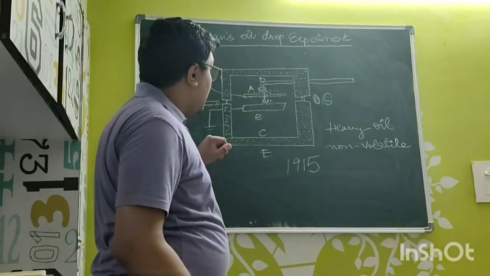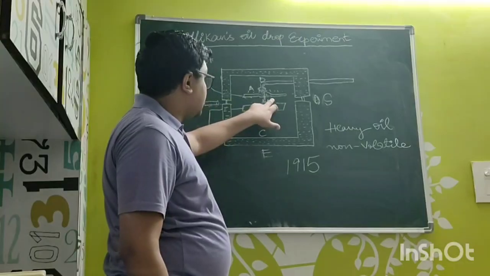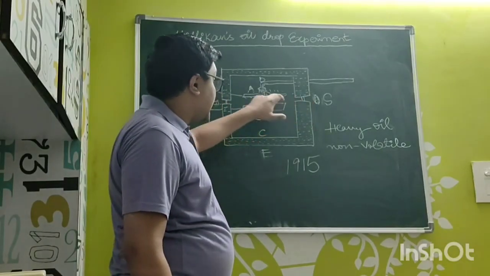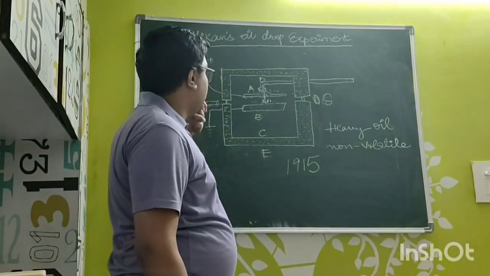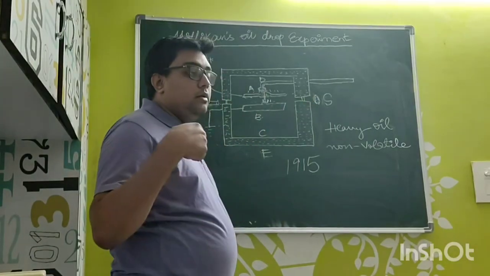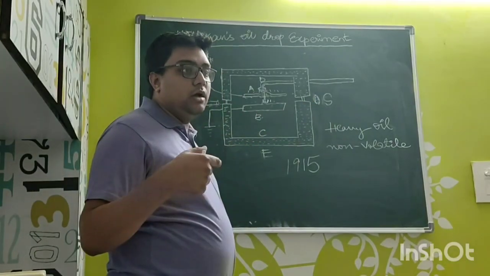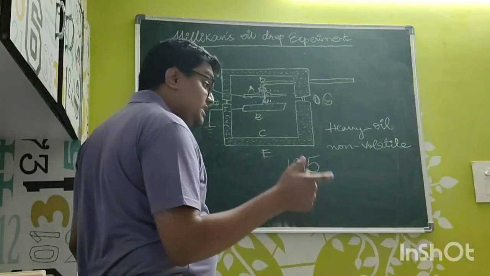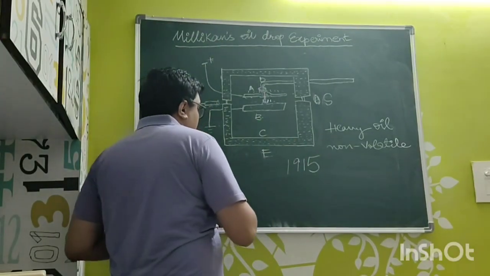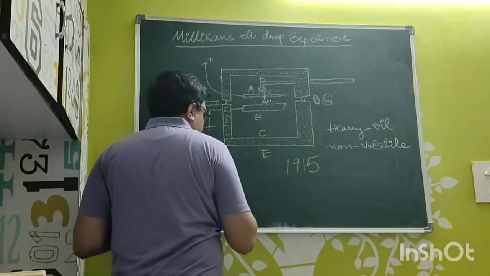Also, before conducting this experiment, one can pass X-rays through this optical tubing to create a better chance of finding the charge of the electron. But I'll tell you about this suspension.